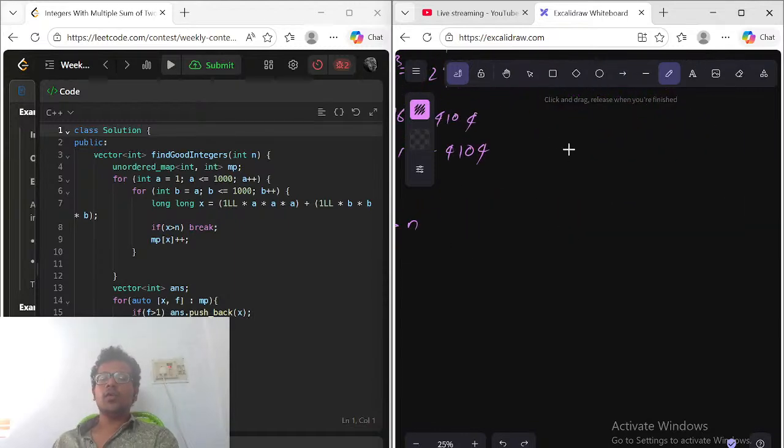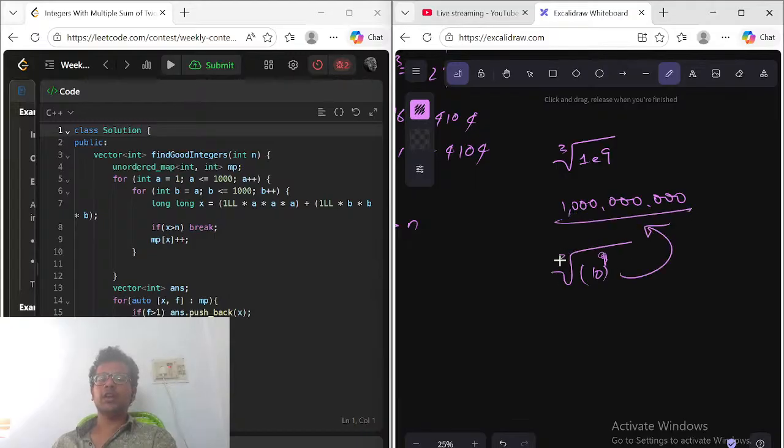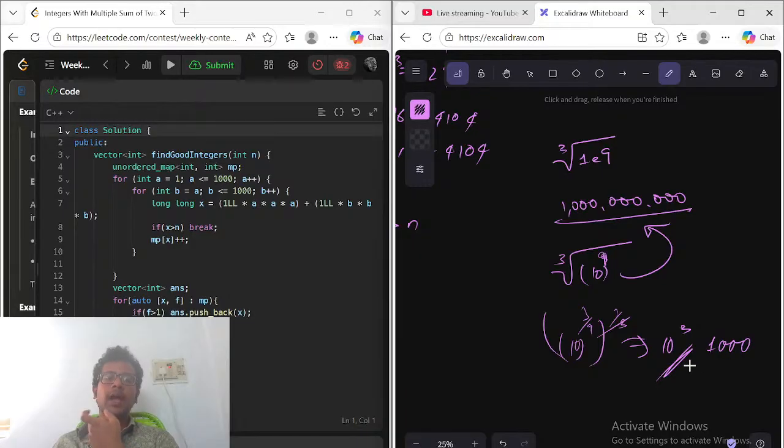Because what is the cubic root of 1e9? 10 power 9 is 1e9. Now the cubic root of this will give me 10 power 9 power 1 by 3, that is 3 threes are 9. So 10 cube will be the answer, which is nothing but 1000. So the maximum I can get is just 1000.